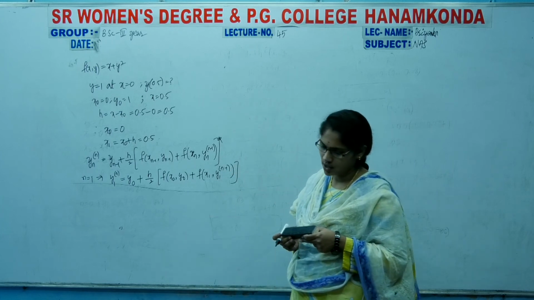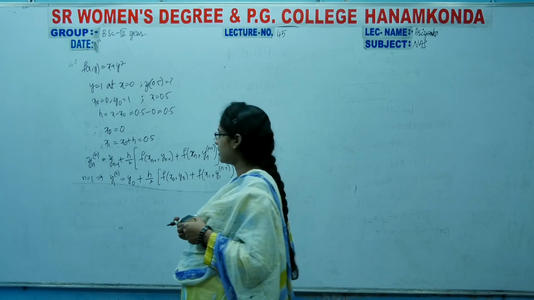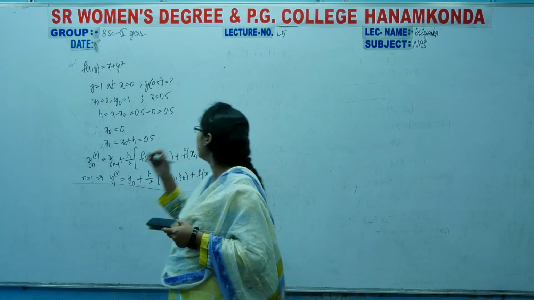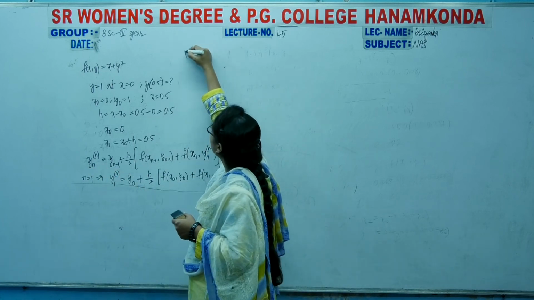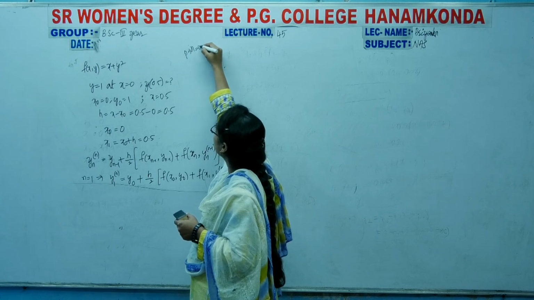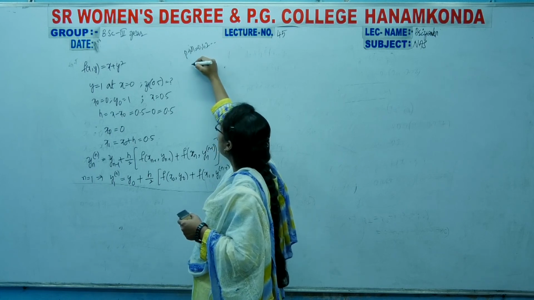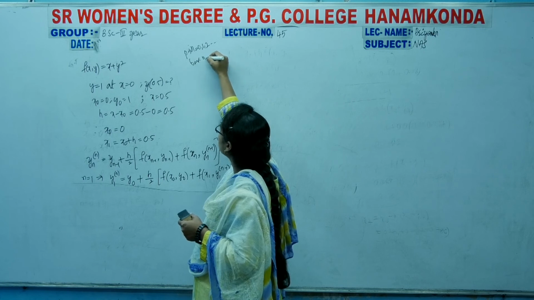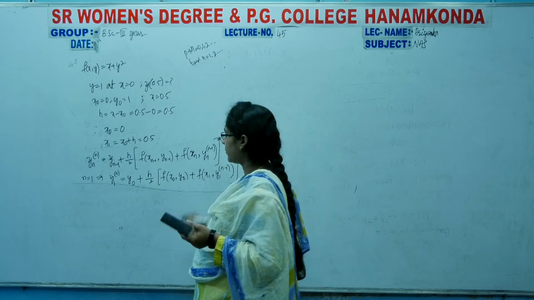Remember, for the power, the n value starts from 0, 1 and so on, and for the base, the n value starts from 1 and so on.